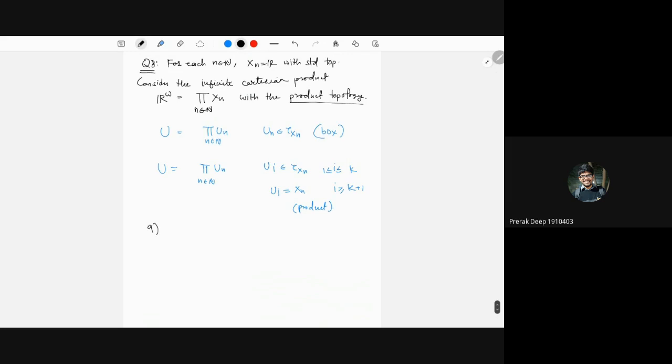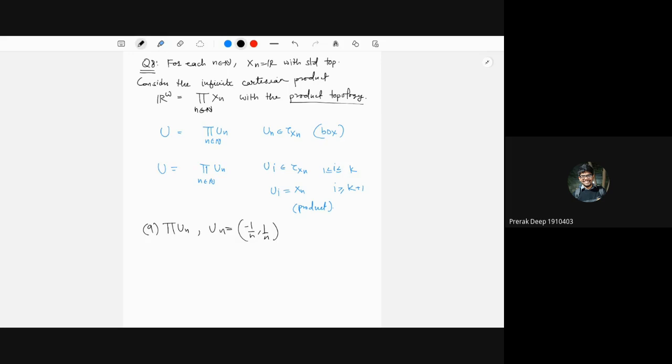Option A is the product of Un with Un to be minus 1 over n to 1 over n.